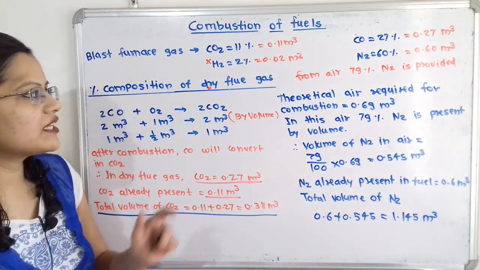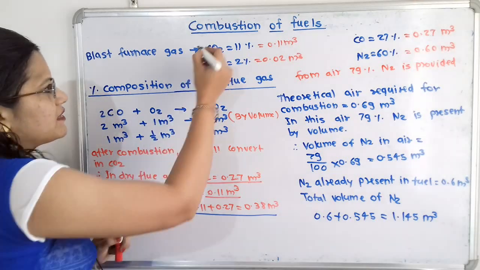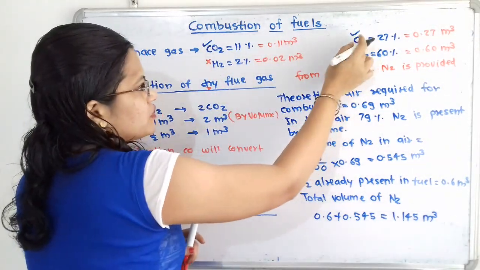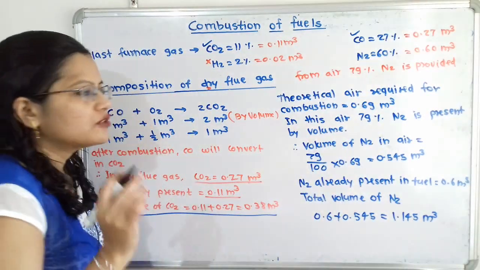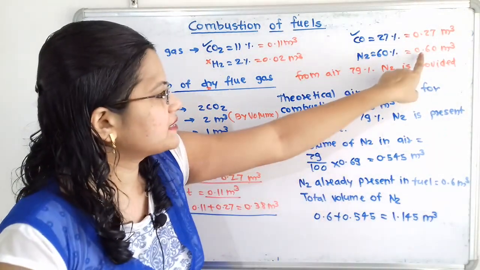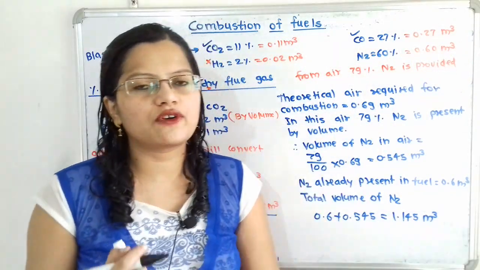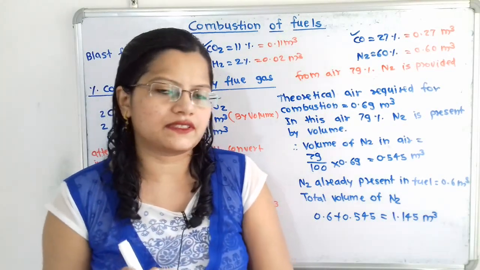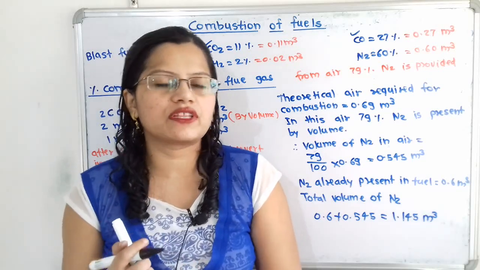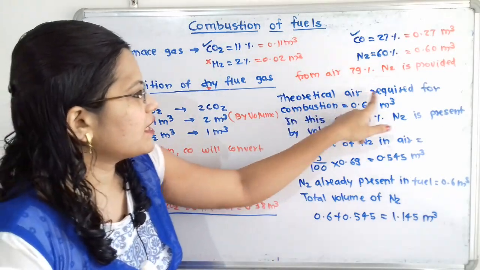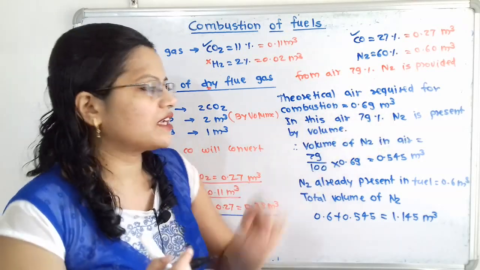Now we will move to the next. H2 we will not consider here. So this is completed, that is CO2 as well as CO, and this CO is getting converted into CO2. Now the remaining is N2. The nitrogen already present is 0.60 meter cube, and from the theoretical air it is 79%. The theoretical air required for combustion that we have calculated is 0.69 meter cube.